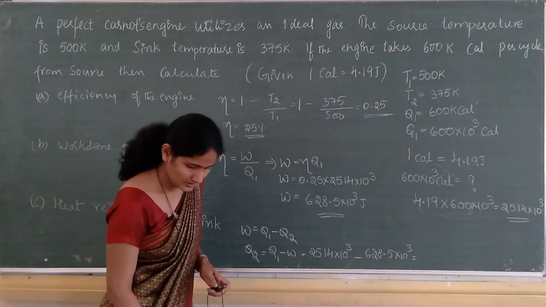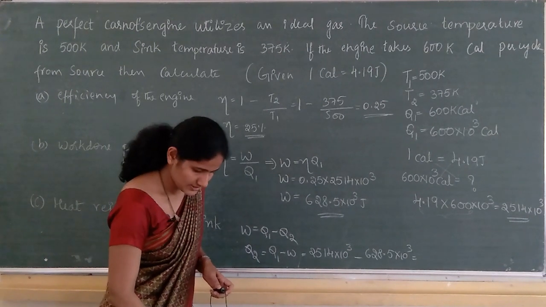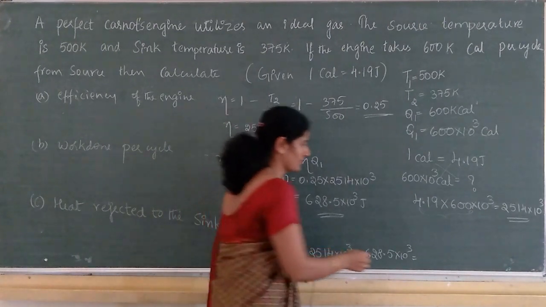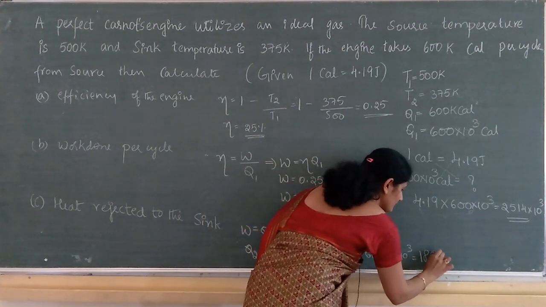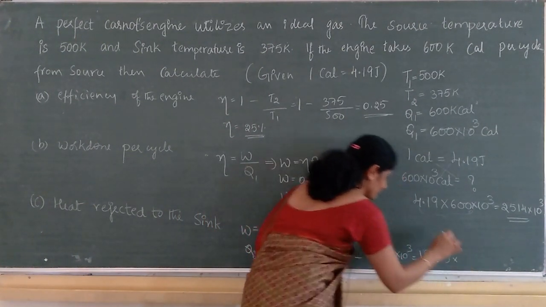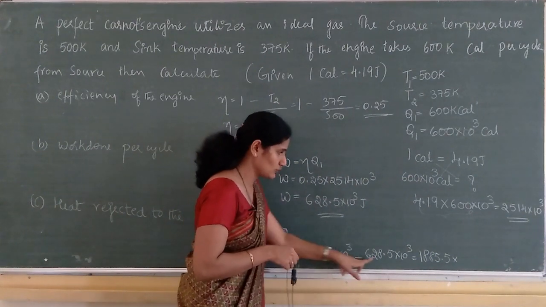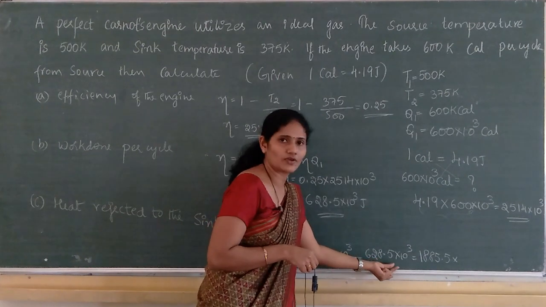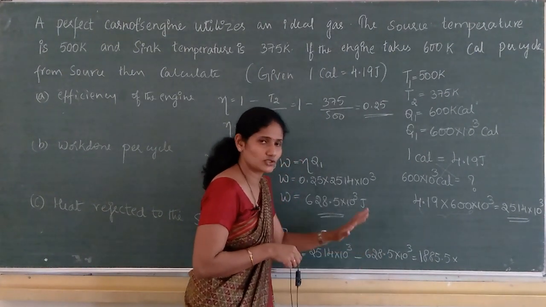So, 2514 minus 628.5 is 1885.5 into 10 to the power 3. Here also we have 10 to the power 3, here also we have 10 to the power 3. So, 10 to the power 3 is common.